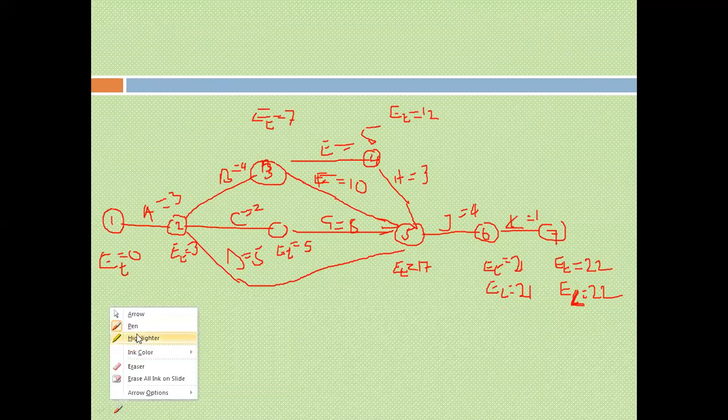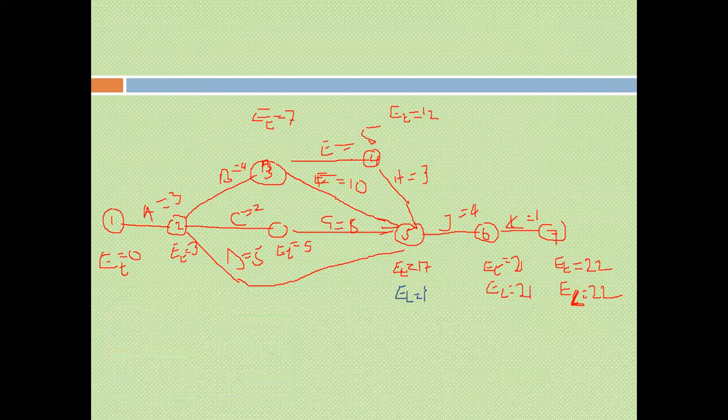So now we subtract here. EL here is 21 minus 4, giving us 17. Moving backwards, you take 17 minus 3, so EL at this point will be 14, because 17 minus 3 is 14.